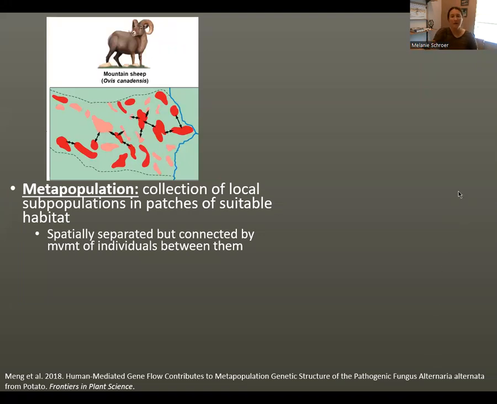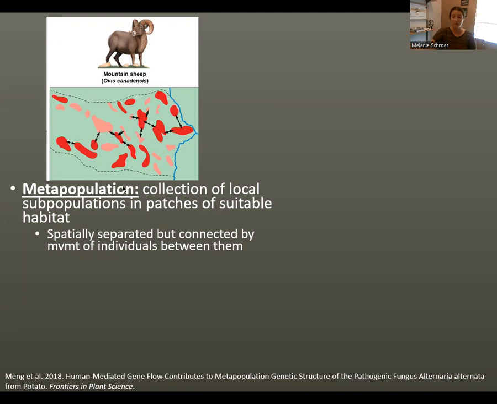Metapopulations. Metapopulations are a collection of local subpopulations in patches of suitable habitat. So these guys are spatially separated, but they are still somewhat connected by migration or by genetic material moving back and forth, so reproduction across these different patches. So this is the distribution of mountain sheep.